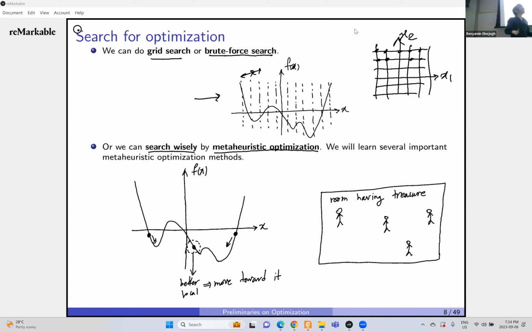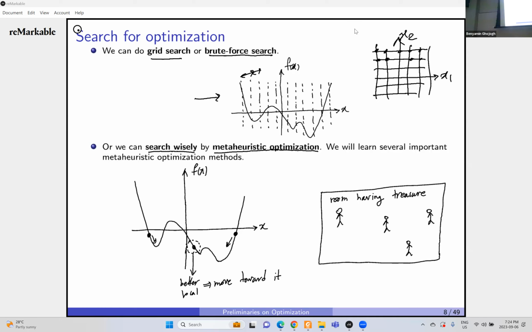Then a wise search is that we two, you found gold, I found plastic, the other person found diamond. We should move toward that person who found diamond, right? Because probably the treasure is there, because that person found the diamond. However, we shouldn't all of us go exactly where that person was.